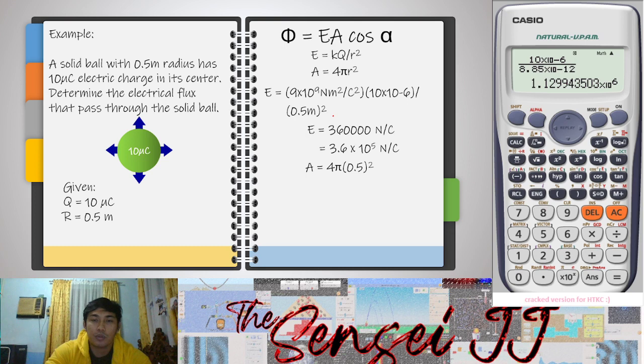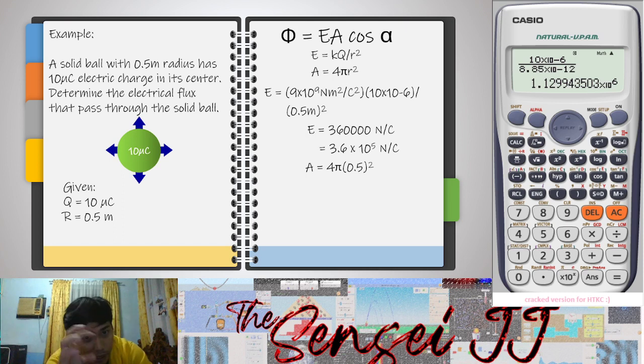Okay, so let's proceed to our area, which is A equals 4 pi r squared. Since it is a sphere, it is 3D.